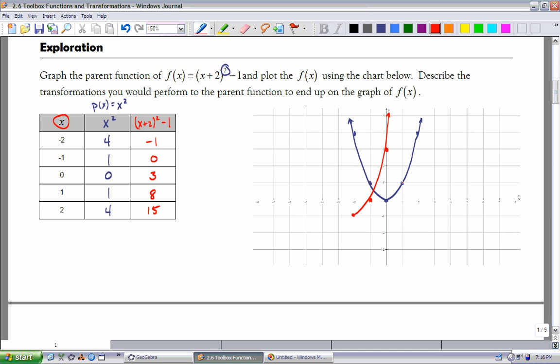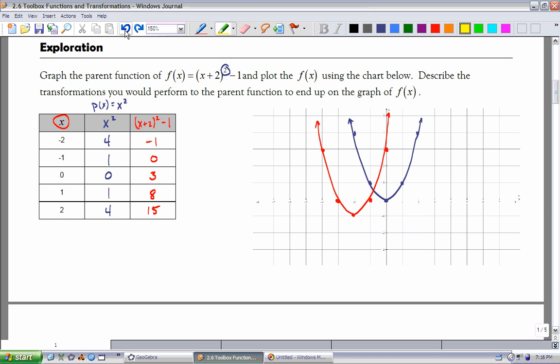Now, what we can kind of see here is that this portion of our parent function seems to be corresponding to that portion of the function that we called f of x. So I think it's going to be safe to say here that we could actually plot these other points here. And I'm basing that plot off of my parent function, which gives me the general shape of the function, and this then is corresponding to this portion of the graph.